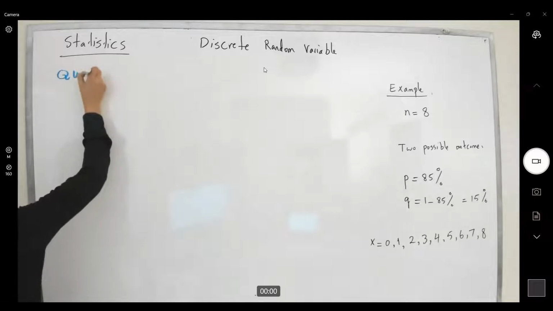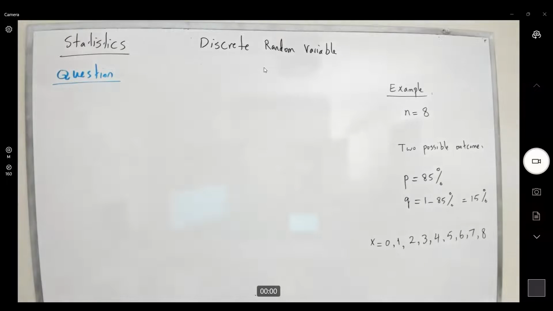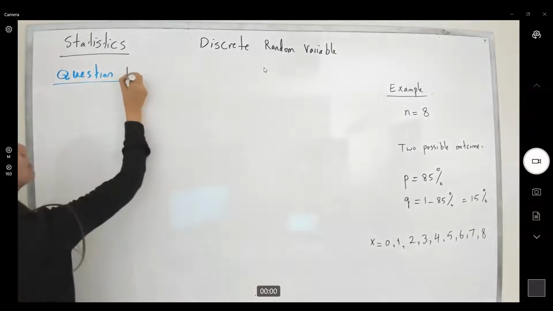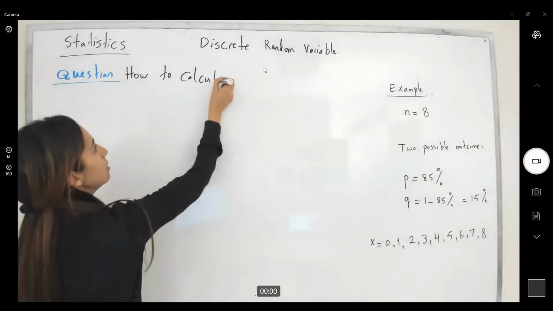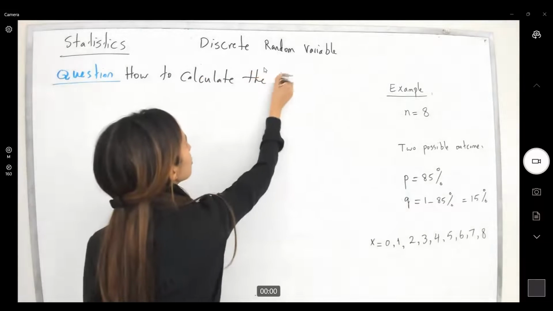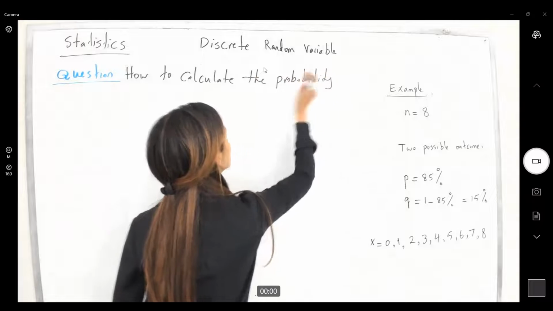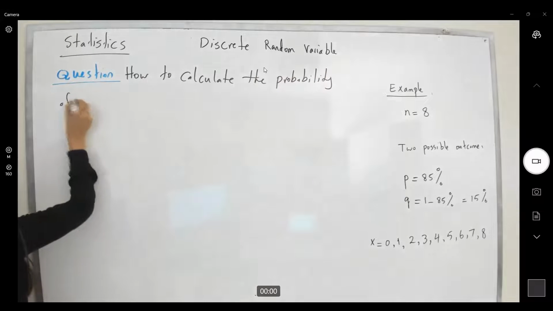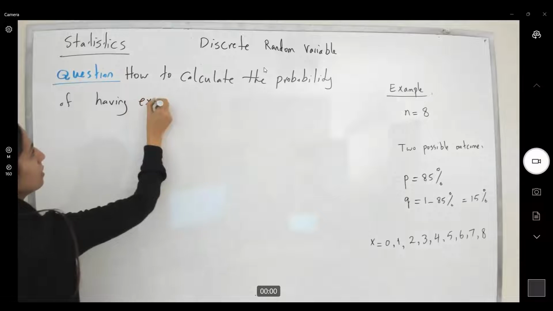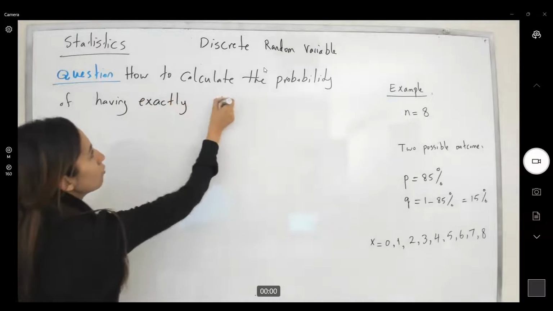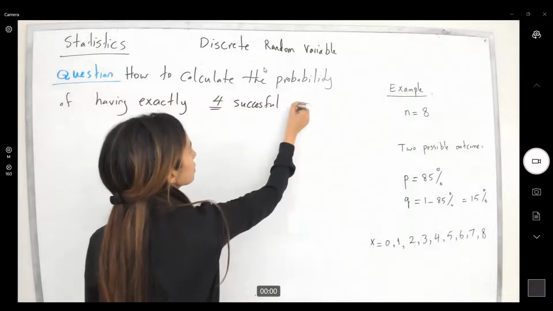How to calculate the probability of having exactly 4 successful surgeries.